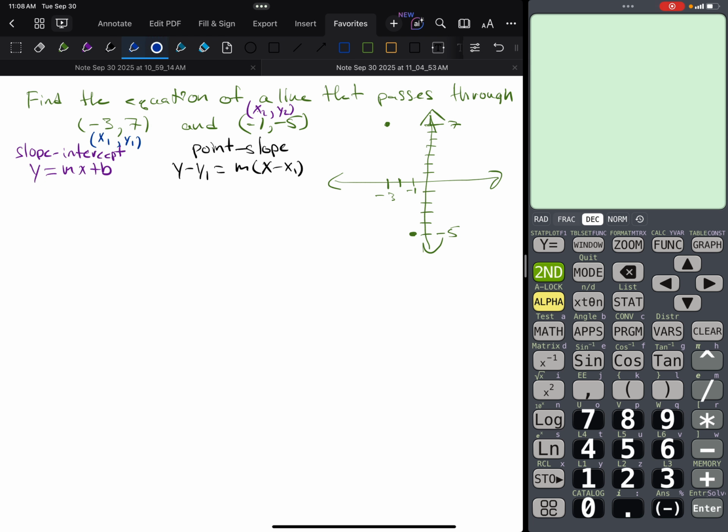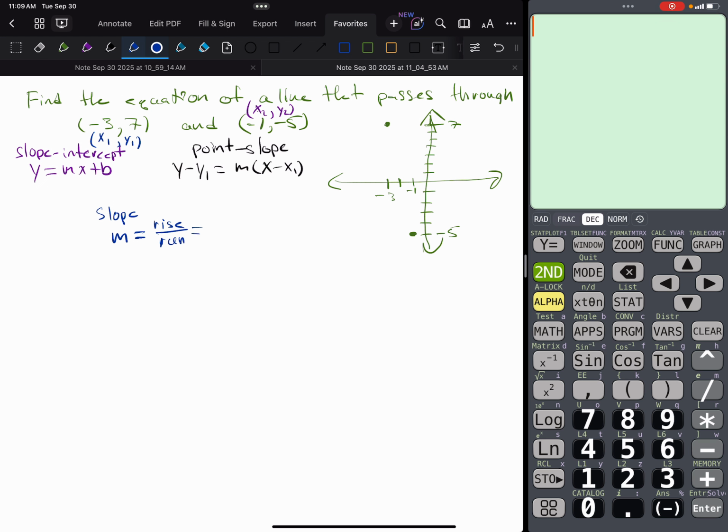How do I find m? M is my slope. I need it for either form of the line that I'm working with. And I always remember it as rise over run. It's the way I was taught a long time ago, and that helps me think vertical change divided by horizontal change.